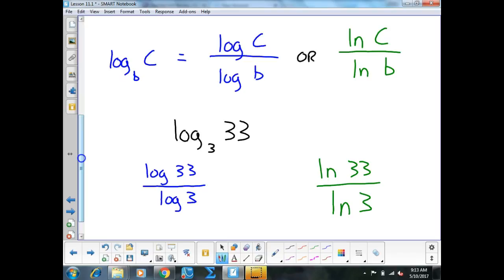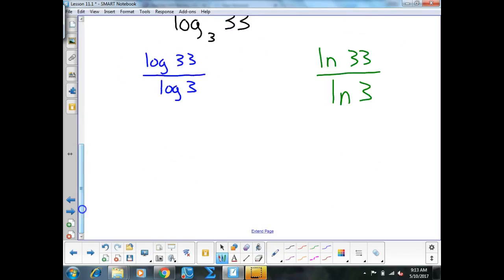When you type on your calculator, here on my calculator I would go log, and if your calculator opens up that parentheses right there, then you have to close that parentheses before you hit the divide sign.